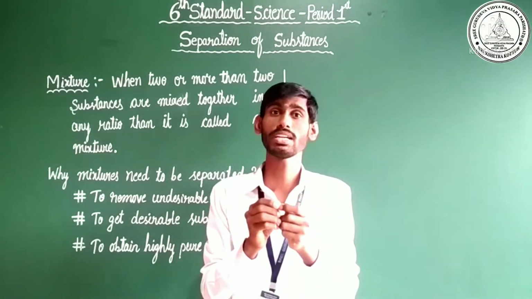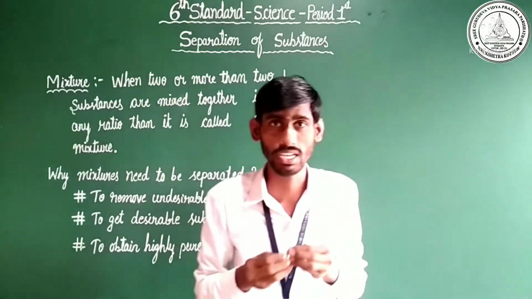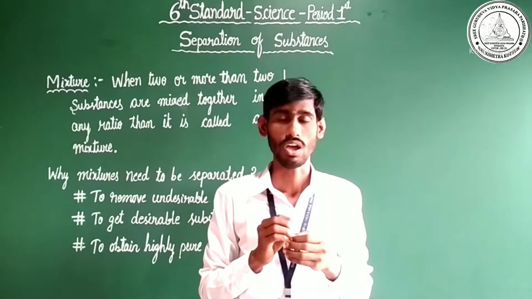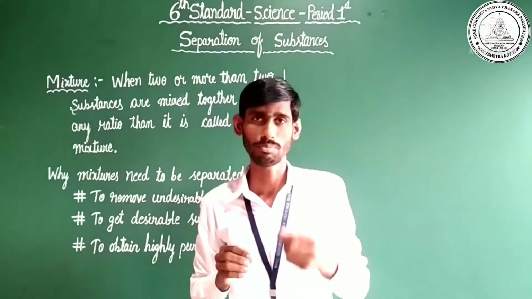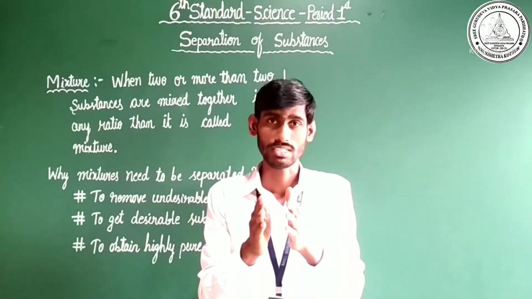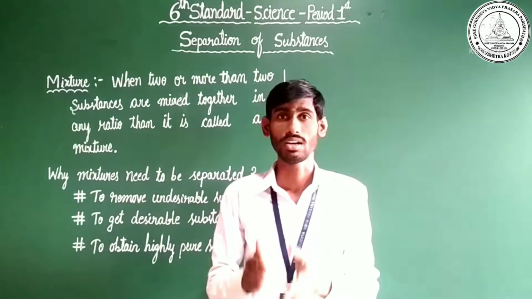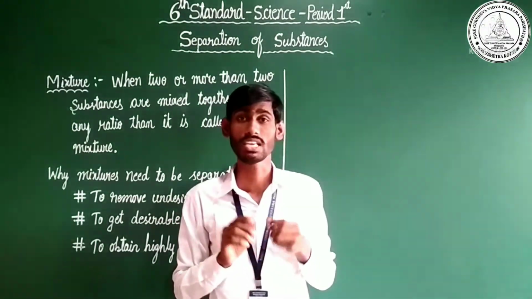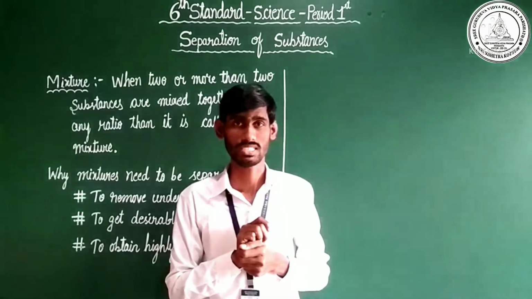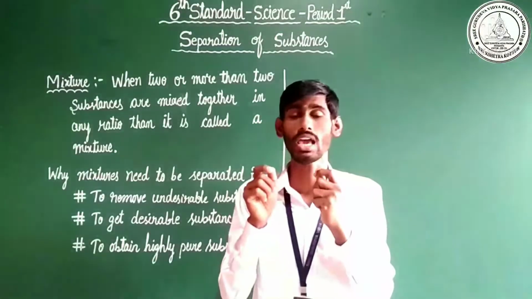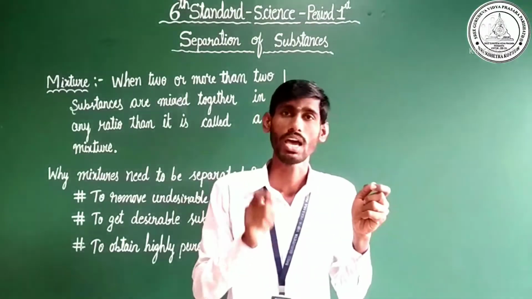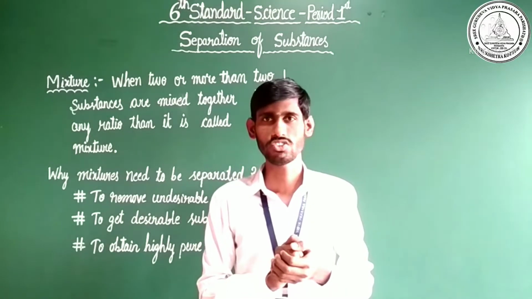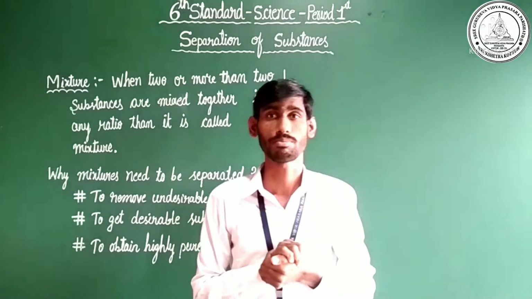Do we taste the tea as it is? No. After boiling, at the end of the process, we separate the liquid and the solid particles with the help of a strainer. The strainer is a kind of sieve. It helps to separate the solid and the liquid. Dear children, this is separation.